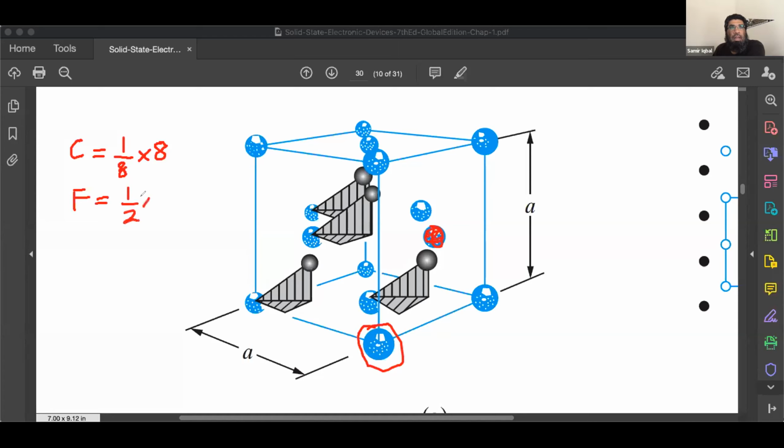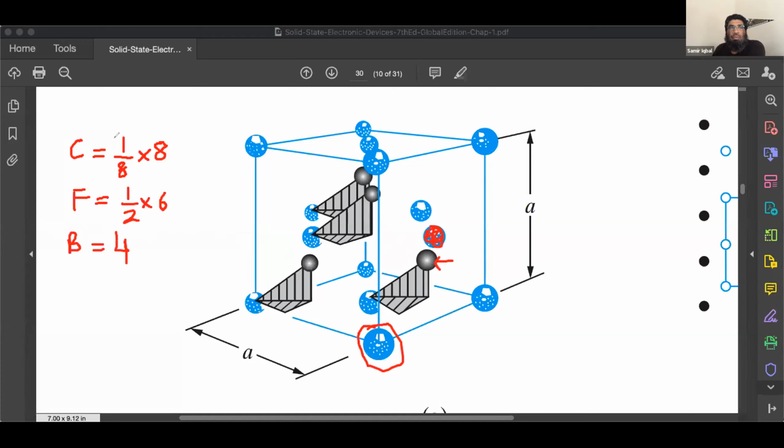And how many total are there on all the faces? 6. Very good. Now, what should we call these guys? Let's call them blacks. How many blacks are there? They are all fully contained inside the volume, right? How many of them are there? 4.